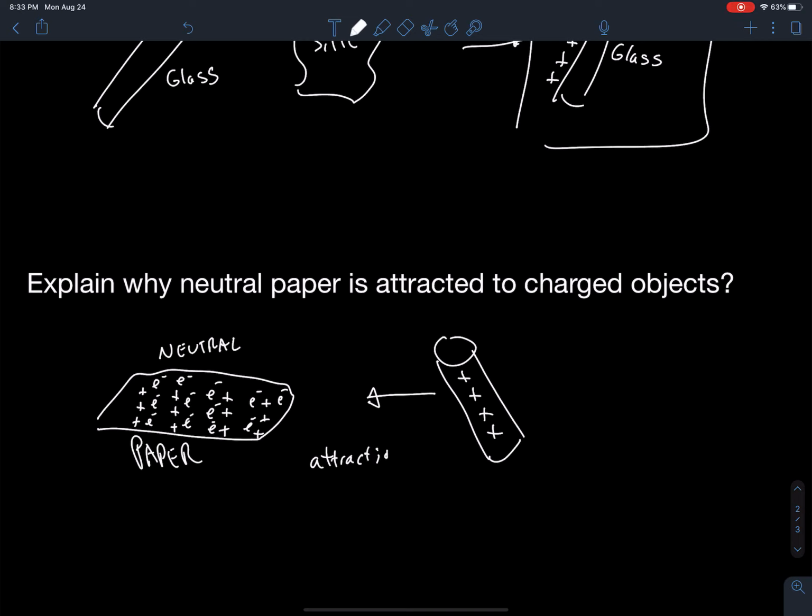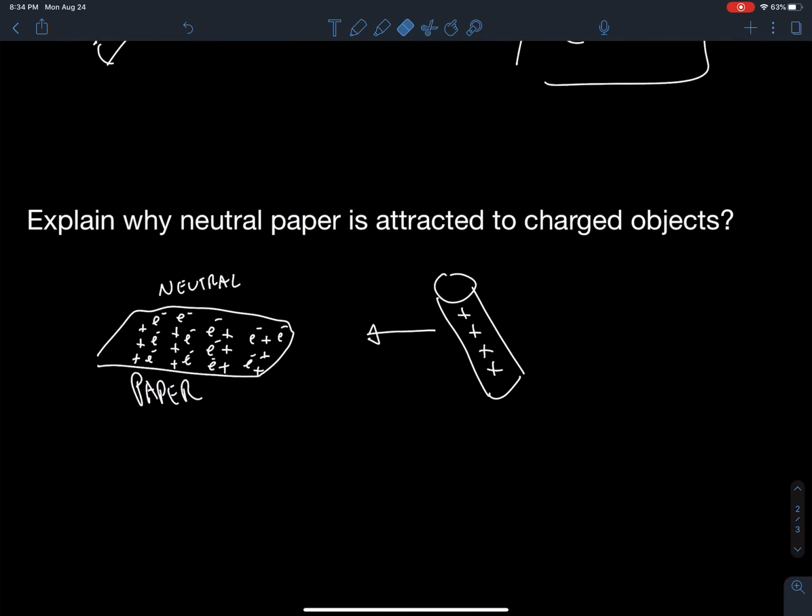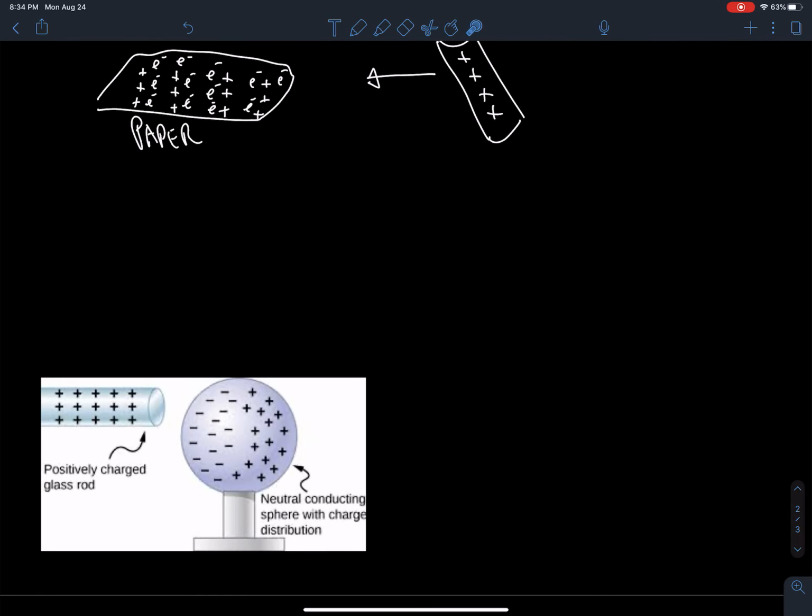That paper is going to hop from the ground onto the surface of that glass. Why does that happen? That happens by a phenomenon called induction. So let's just take a look. If I bring this positively charged rod close to a material, this is actually a metal material, the positively charged rod is going to attract the electrons towards it.